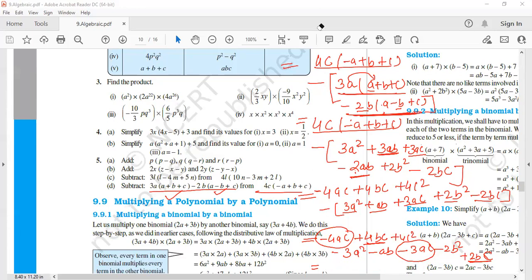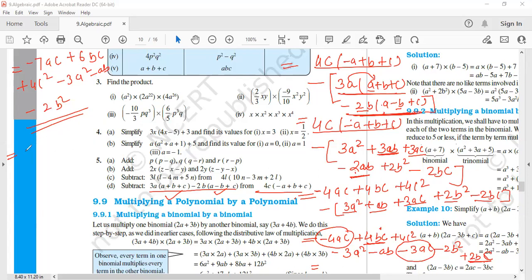Let us write this one at the top because it looks like a hodgepodge here. So 4ac minus 3ac gives you minus 7ac. bc and bc gives you 6bc with their plus sign. The rest will be written the same because there is no repetition of the terms: 3a square minus ab minus 2b square. So this is the answer.